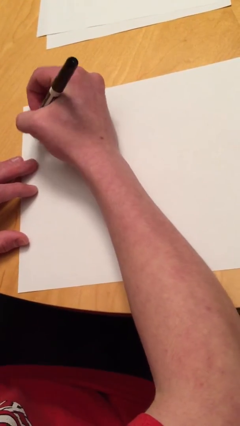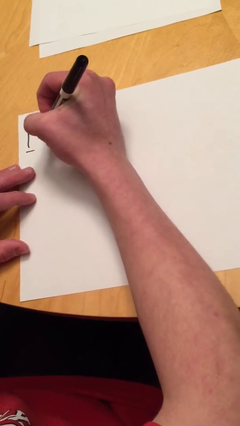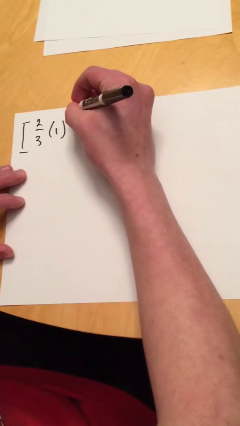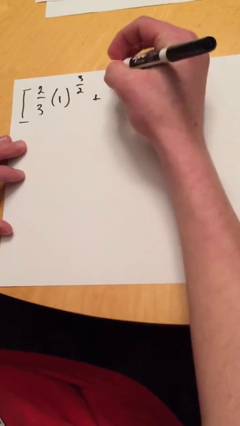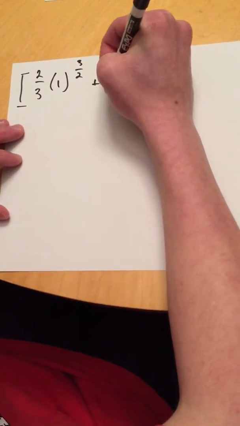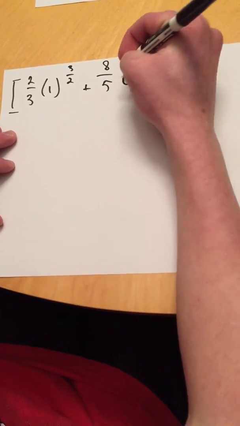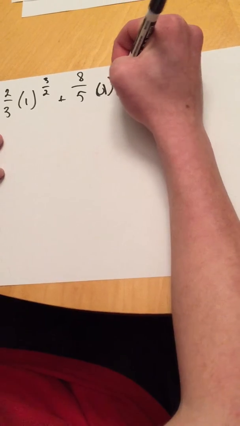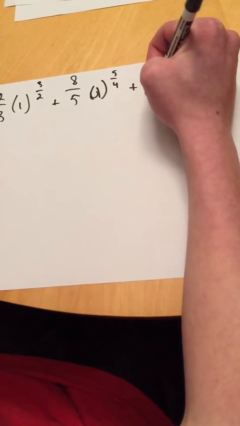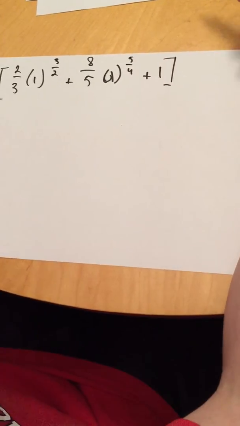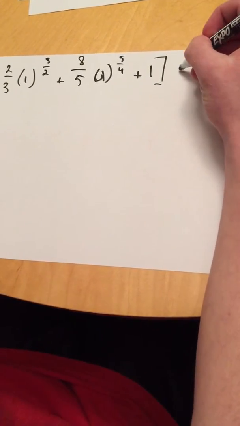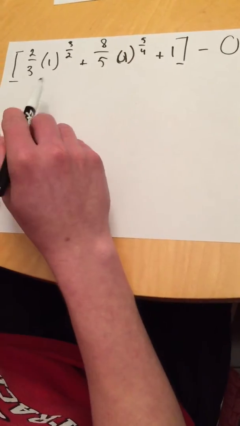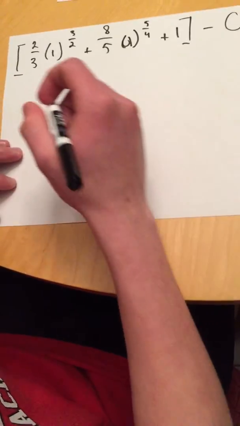So I go 2/3 times 1 to the 3/2 plus 8/5 times, or 1 actually, to the 5/4 plus 1. And you know that plugging 0 into those will just give you 0, so minus 0. And 1 raised to any power is equal to 1, so this makes it easy.